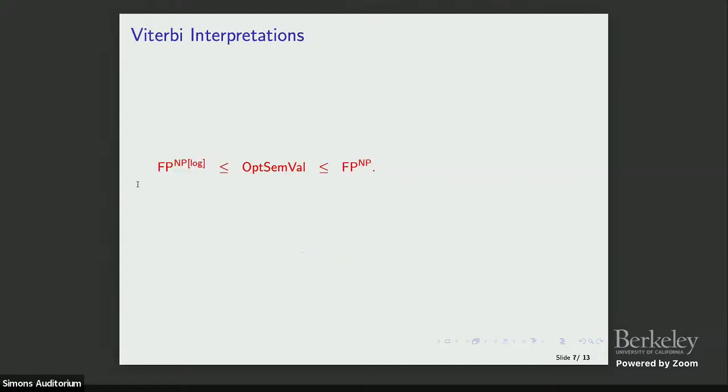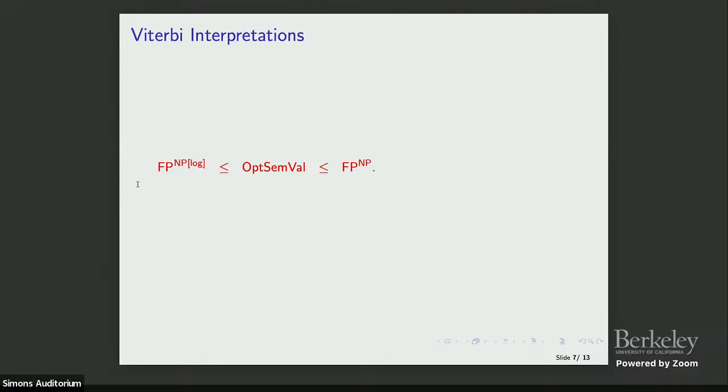So what we showed is this particular upper and lower bound. Over the Viterbi interpretation, it is at least as hard as FP^NP[log], which is the class of problems that can be solved in polynomial time with logarithmically many queries to satisfiability, or equivalently parallel queries to satisfiability.